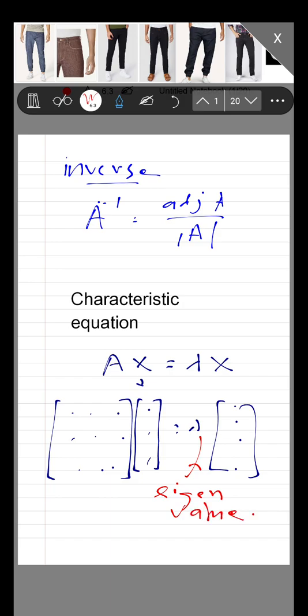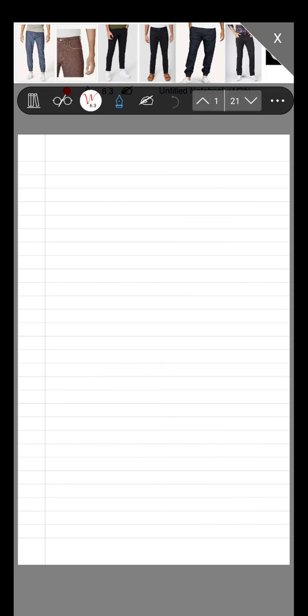Now, to find the eigenvalue, suppose a matrix is given in this form, we need to find the value of lambda. Then we will use the following way. We write AX is equal to lambda X. So AX minus lambda X should be equal to 0.